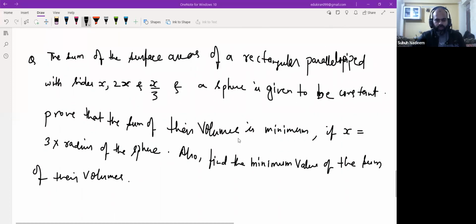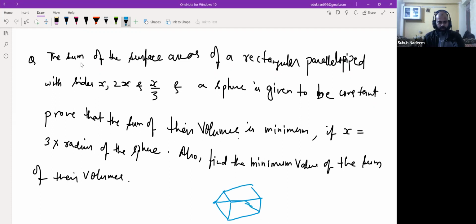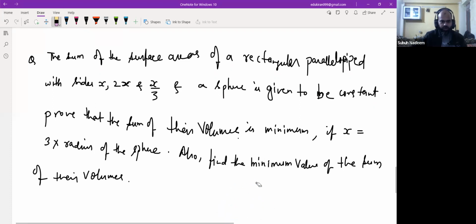So it is saying the sum of the surface areas of a rectangular parallelepiped with sides this, and this. The parallelepiped which can be drawn is, suppose this is the base and this is like this.